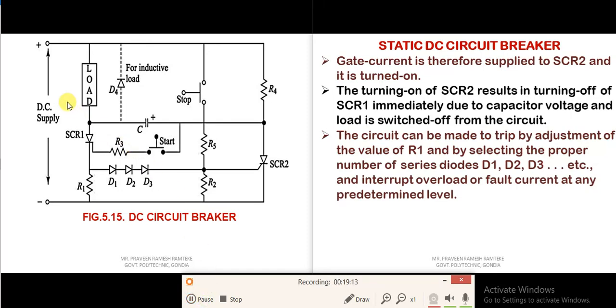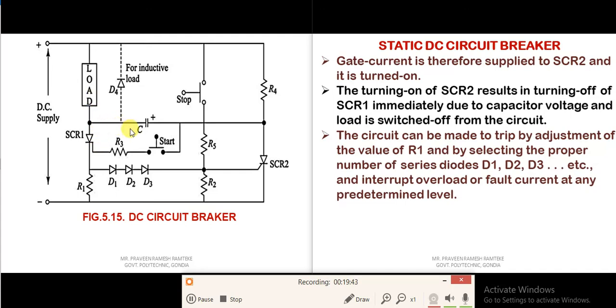So what is happening during the over voltage or overload? During the overload, this capacitor's voltage turns off the SCR1, and when the SCR1 is turned off, the load automatically gets disconnected.